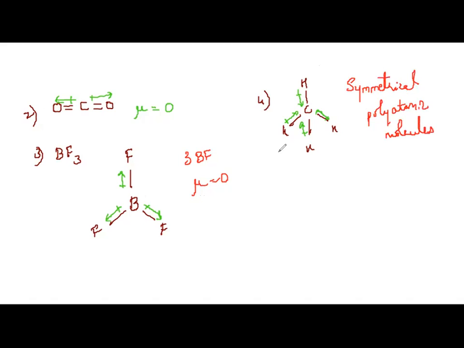If you have symmetrical polyatomic molecules, though there is presence of more than one dipole, they are not polar. They are not polar. Because polarity is measured by what? It is measured by dipole moment. And they will all cancel out each other. So they do not have any value of dipole moment, and mu is 0 for symmetrical polyatomic molecules.